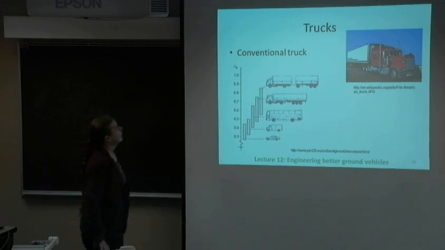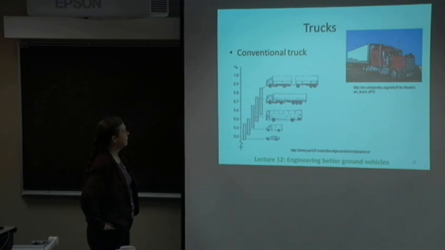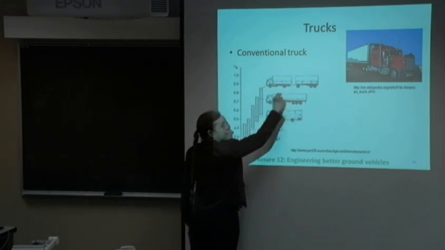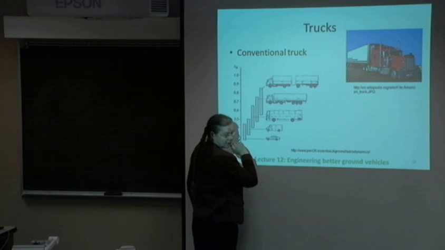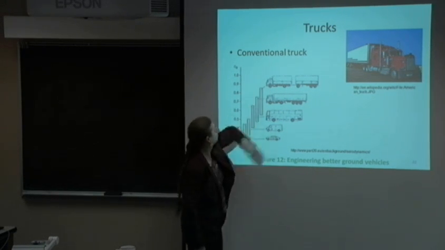So then I got to thinking about trucks. So I went online, imagine you're surprised, and I found this nice picture about trucks. A conventional truck, and a double, what do you call this? Trailer? I forget, there's a name for these double trailer ones.